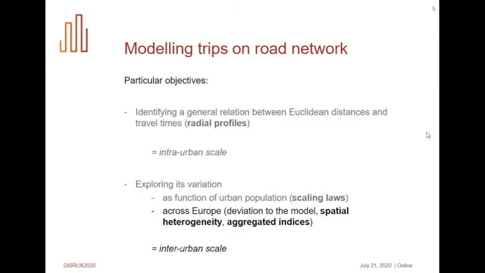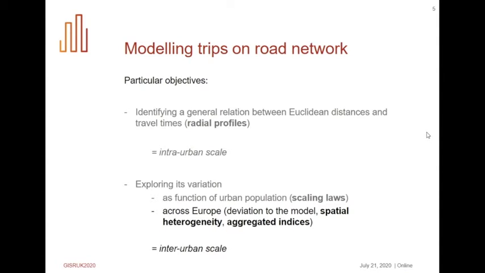So the first point is to identify an empirical relation between straight line distances and travel times on the road network in the form of radial profiles. And the second point is to understand how this relation varies with city population and across space.